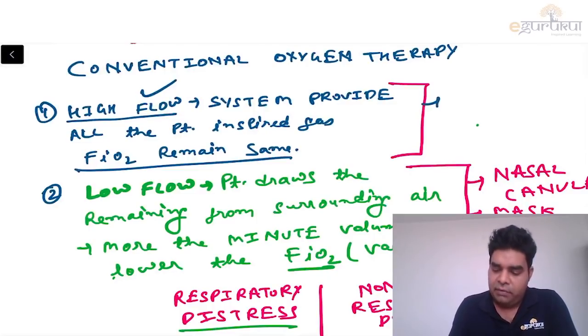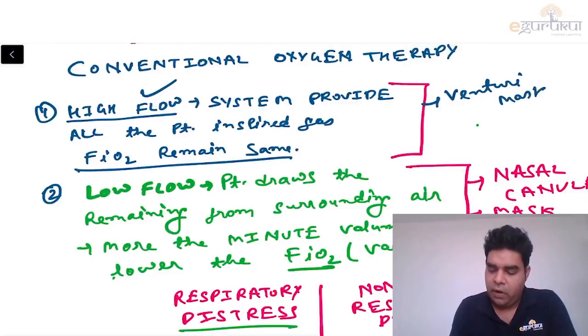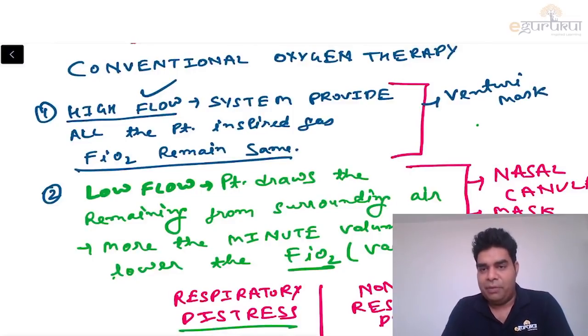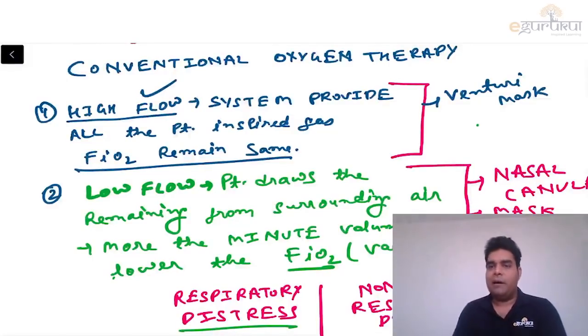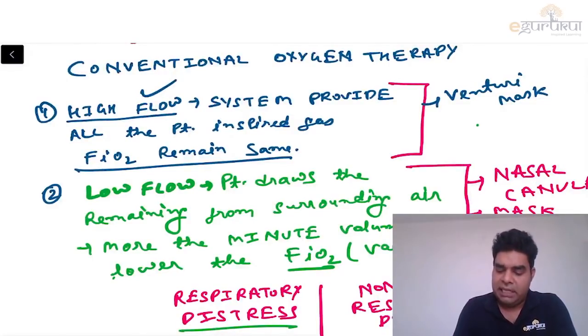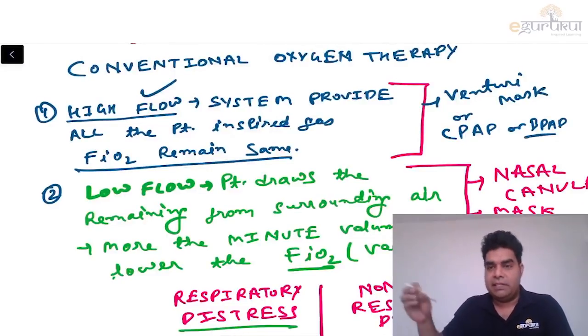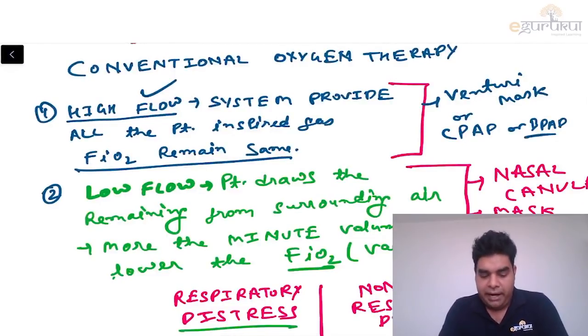So we have the Venturi mask for this. Or we know the CPAP and BiPAP machines, the continuous positive airway pressure machine or the variable pressure airway machine. These all come under high flow oxygen therapy, in which the system provides all the inspired air.